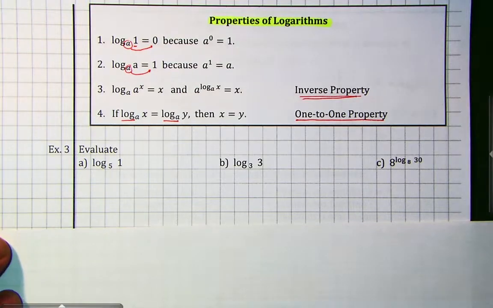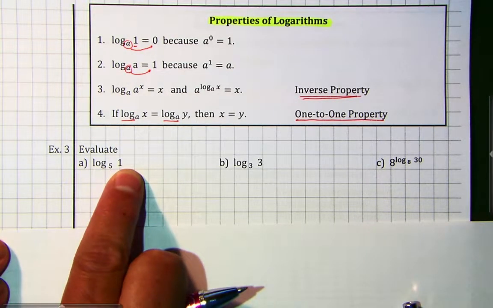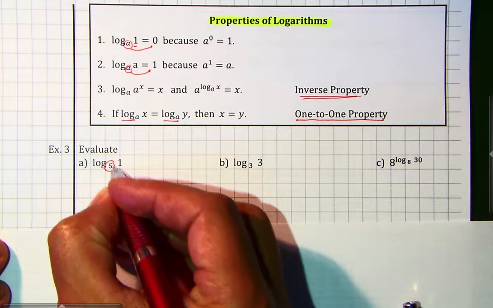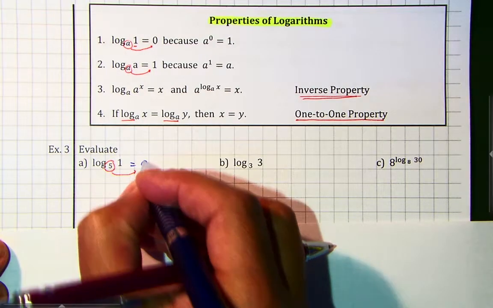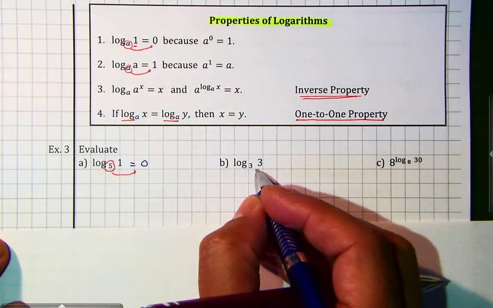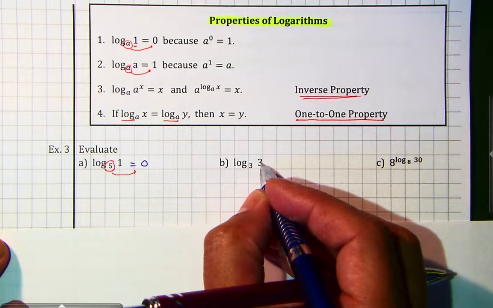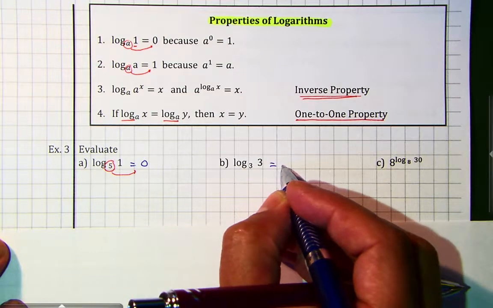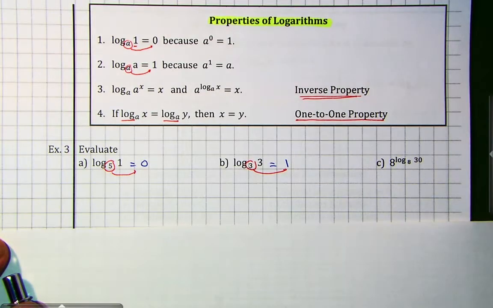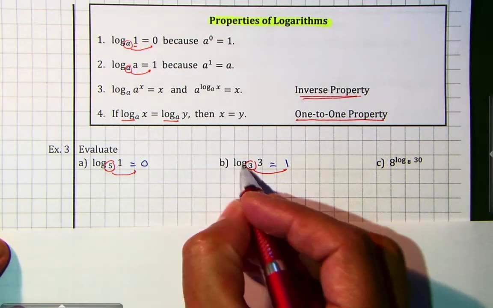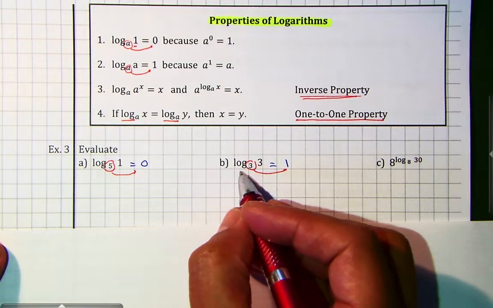You can remember the formula that every time there's a 1, it should be equal to 0, correct? Or you can go: 5 to what exponent is equal to 1? 5 to the 0 power. 3 to what exponent is equal to 3? 1. Or we can think of it as the inverse property, just like we have here.